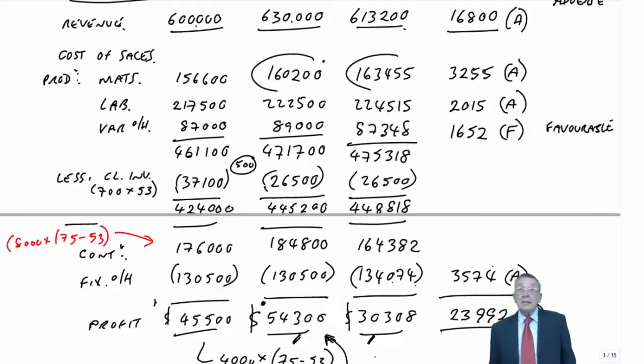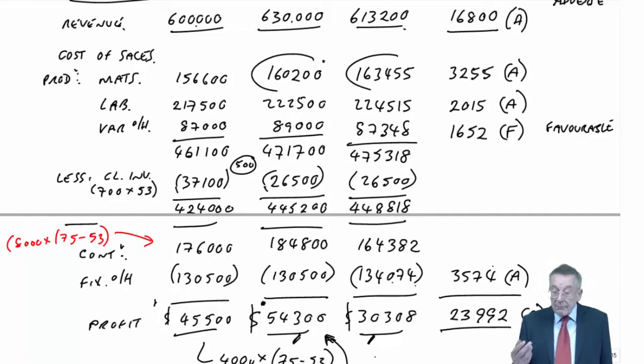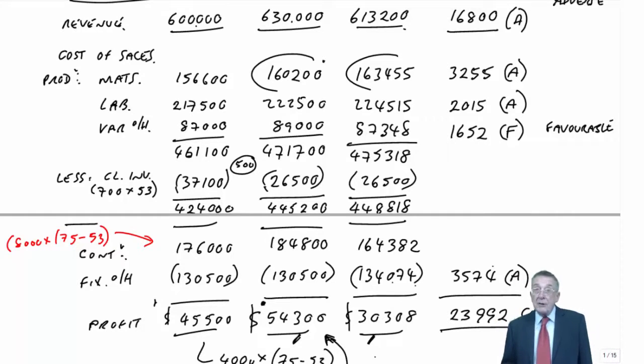So the real work is what's coming in the next lecture, where we'll analyse each of those variances to find out precisely why too much on materials, why too much on labour, and so on. So, although I hope that all made sense and is relatively easy, you will not be doing what we've just done.